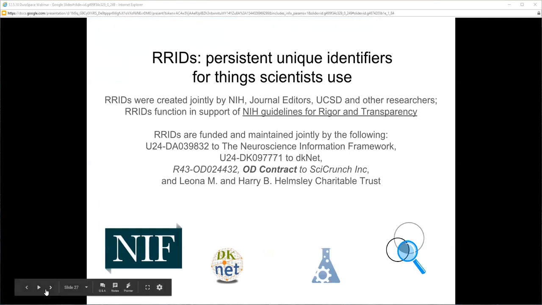UCSD, through the work at the Neuroscience Information Framework and through funding from the NIDDK, the National Institute of Diabetes and Digestive and Kidney Diseases, has funded the support of these identifiers.